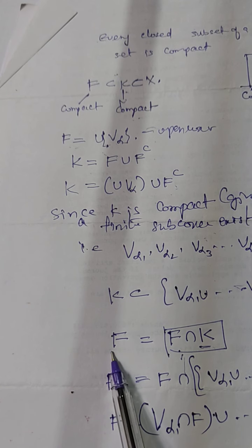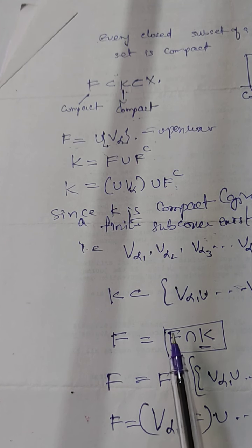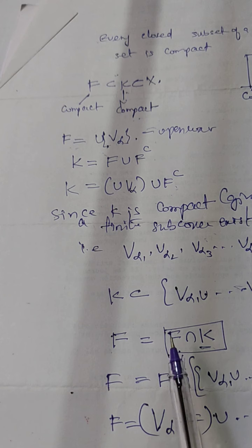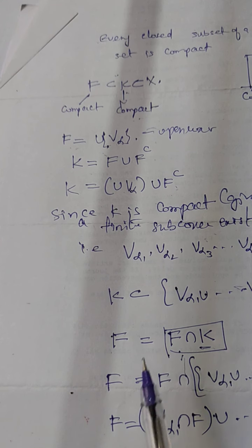So whenever you get a question like this: if F is closed and K is compact in a metric space X, then F intersection K is compact in X.